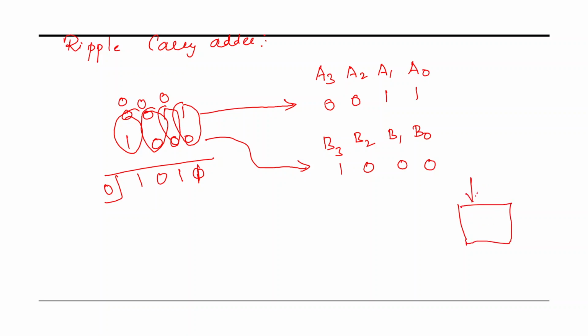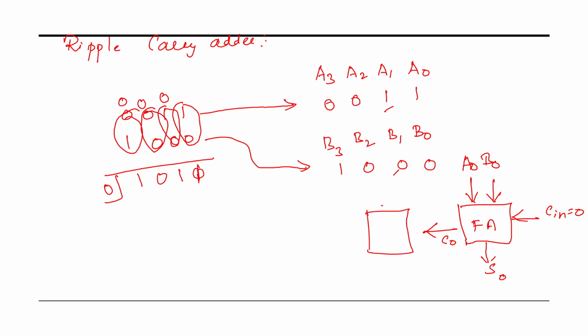Likewise, we will add A0 and B0. The Cin is going to be initially 0 because there is no carry in the initial stage. So we require a full adder, and then we get a sum, and the carry will transfer to the next stage. Then we will add A1 and B1, which again needs a full adder, giving a sum and a carry.